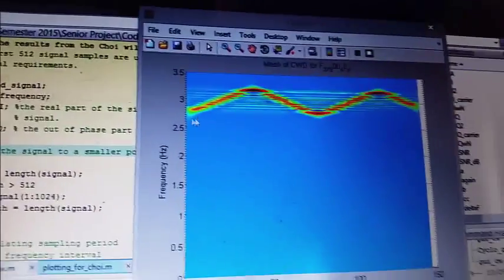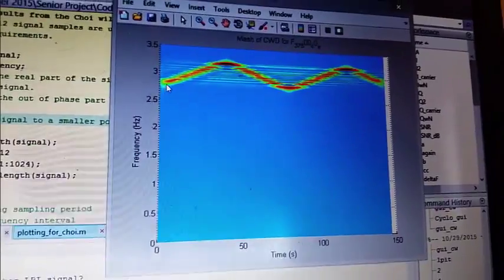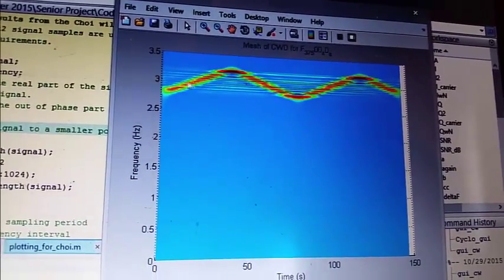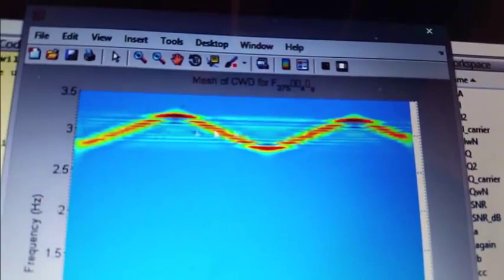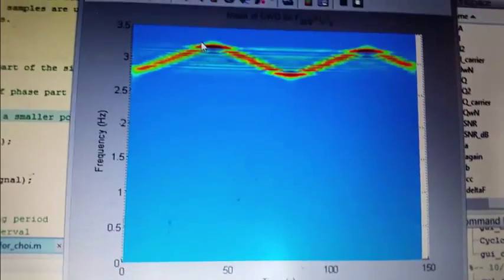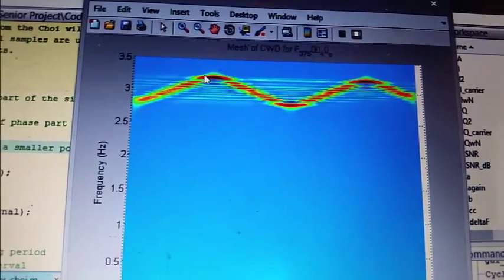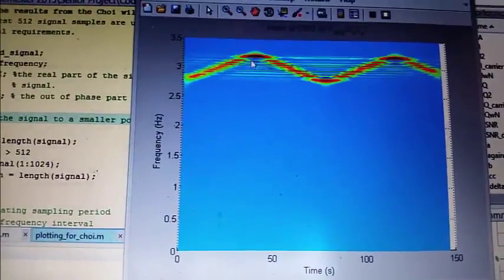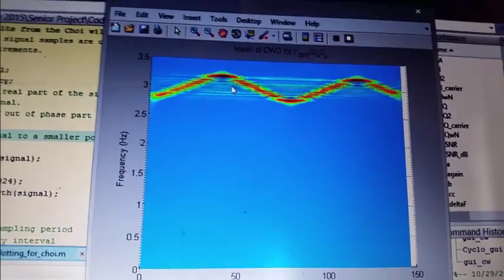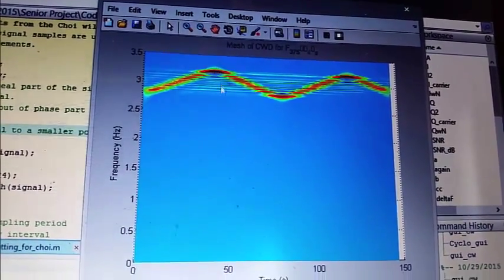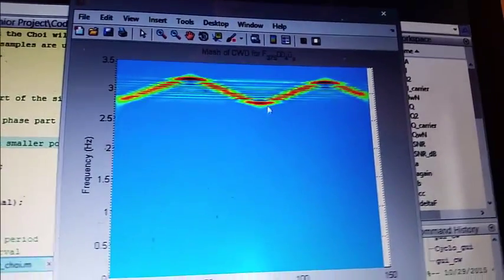From this plot, it's pretty clear what the carrier frequency is. It's right in the center, so it's 3 kilohertz. The modulation bandwidth is the difference between the top frequency and the bottom frequency. Okay, the modulation period is the difference between this peak and this trough.